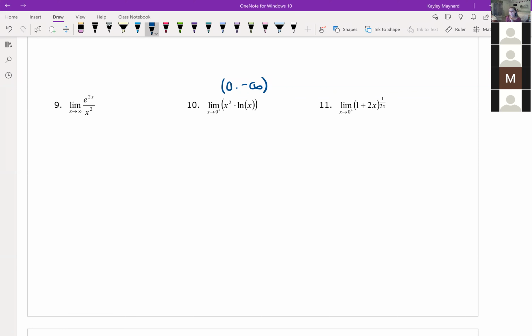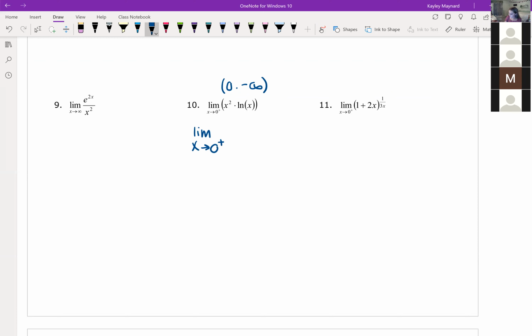So this, I guess, is maybe a good indicator that you should try using L'Hopital's rule here. So let's maybe see why. So let's rewrite this because we can. So we have ln of x times x squared. We can definitely rewrite this as something that L'Hopital's rule can apply to. And I know we did one of these similar in recitation, but I think we only ever did one of them.